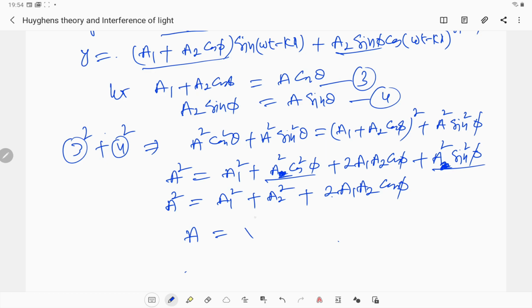Therefore A is equal to the square root of a1² plus a2² plus 2a1a2 cos φ.